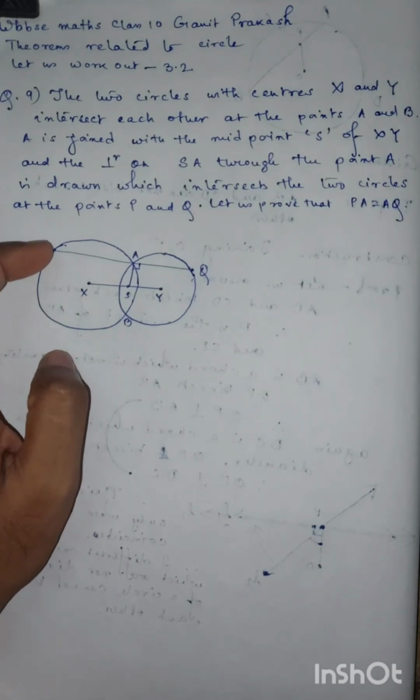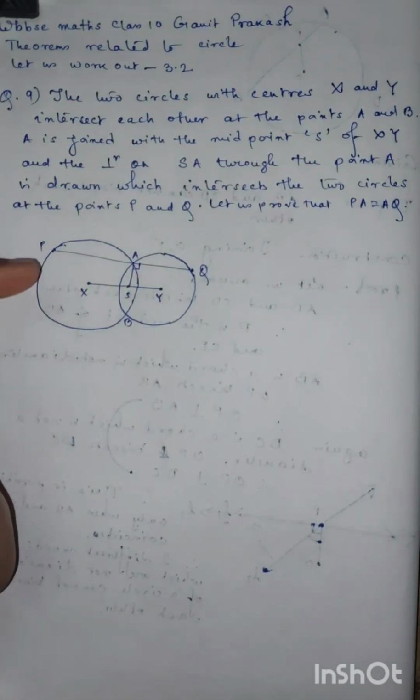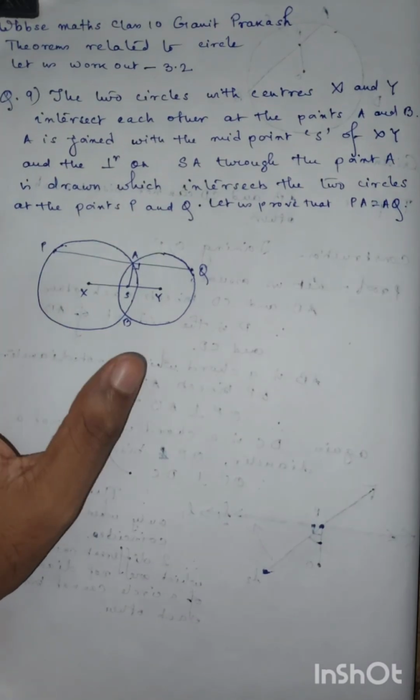This is the perpendicular on SA. PQ is a perpendicular on SA.